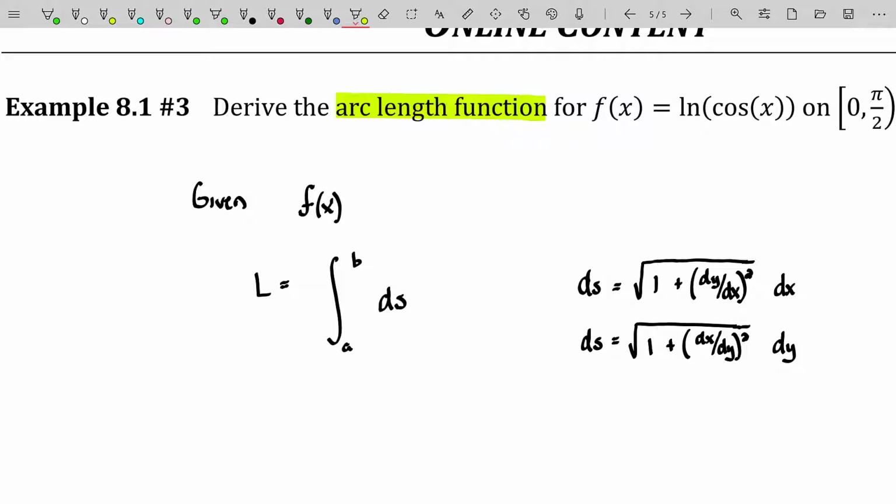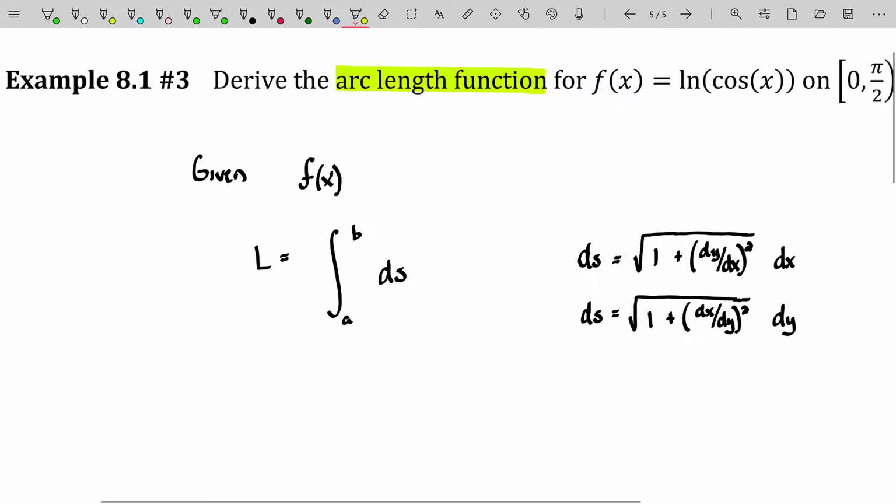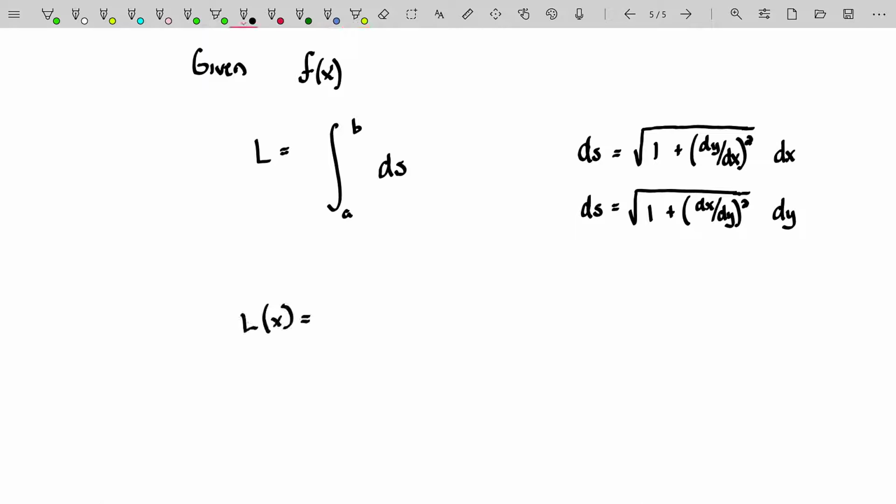And this is just a minor difference between the arc length of a function over a given interval or the arc length function. In this case, we want to write a function of x that will return the length of the arc when we plug in x.